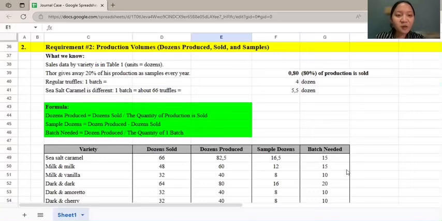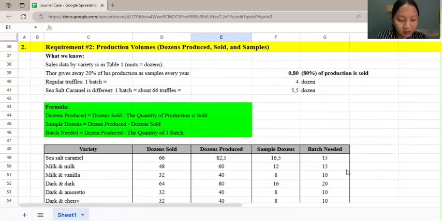Okay, so the second one is requirement 2. We need to give Thor's estimated sales by dozen for its variety for the prior year, assuming these amounts will be the same in the current year.